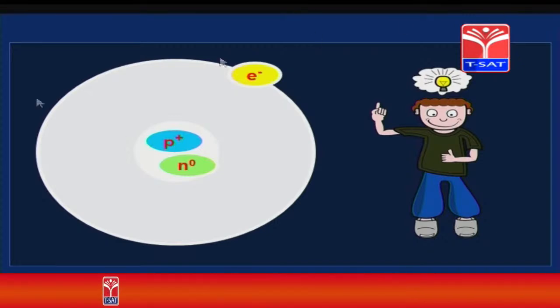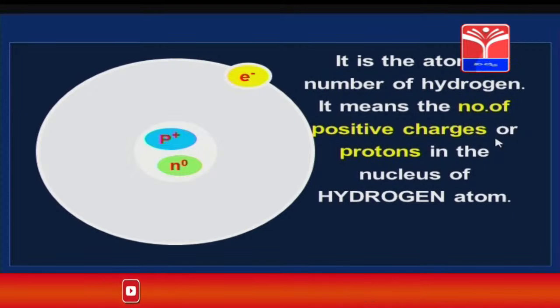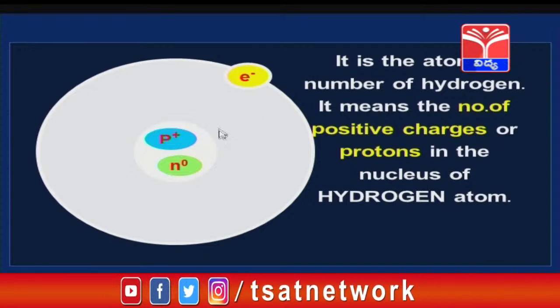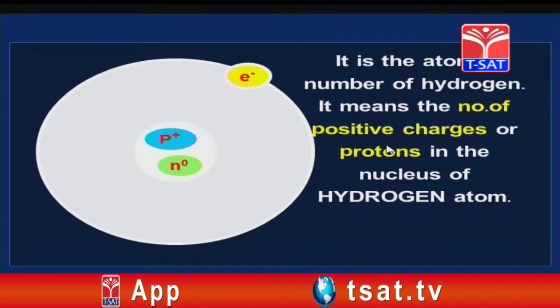Why? Because we have only one proton. The atomic number is the number of positive charges or protons in the nucleus of the hydrogen atom. You see the nucleus, how many protons are there inside the nucleus? Only one proton. Therefore, the atomic number of hydrogen is 1.